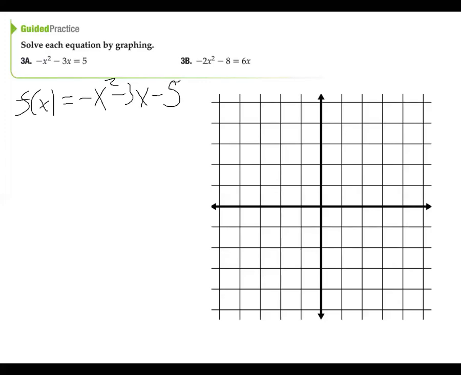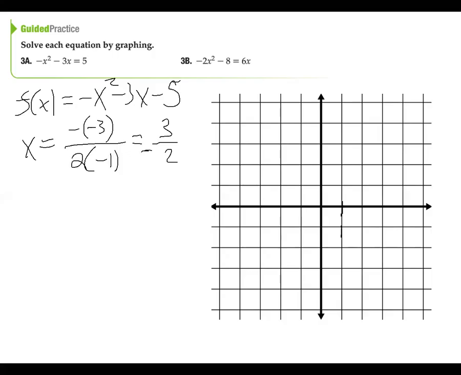Okay, if I set it equal to 0 and replace the 0 with f of x, then the vertex would be the opposite of b over 2 times a, which is negative 3 halves.